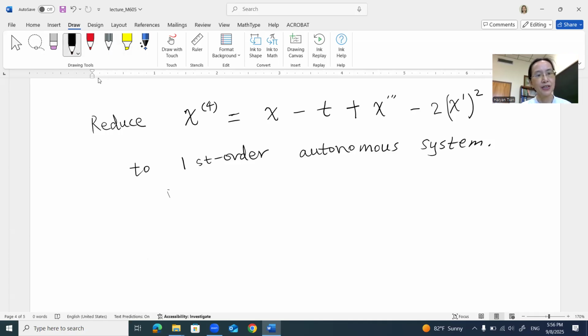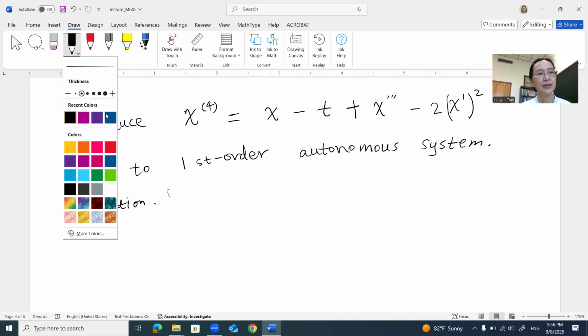So our strategy here, before we reduce it, let's name.